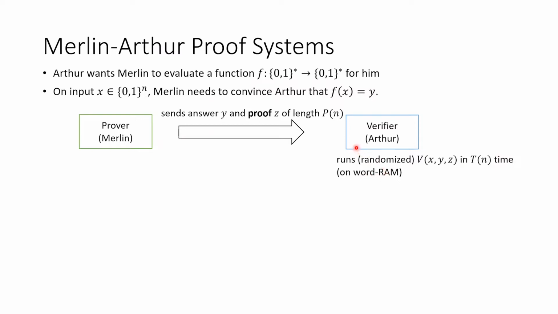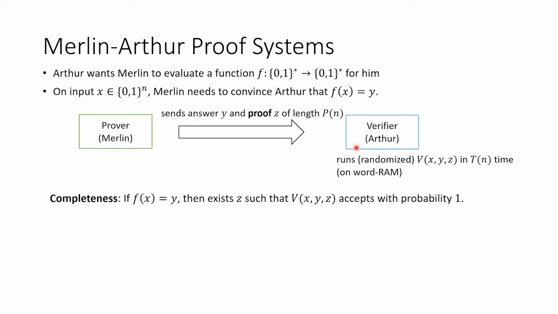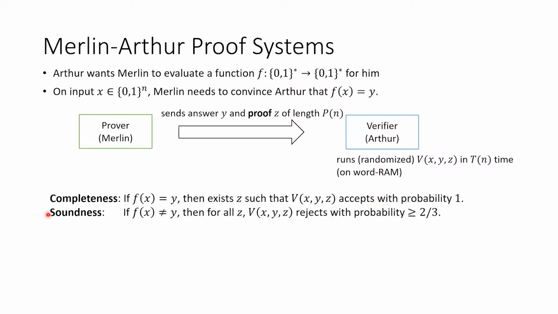Then we let this protocol satisfy two properties. The first is completeness. If the answer is correct, then there exists a proof such that the verifier accepts with probability 1. And the soundness requirement is if the answer is incorrect, then for all proof strings, the verifier should reject with probability at least 2/3.